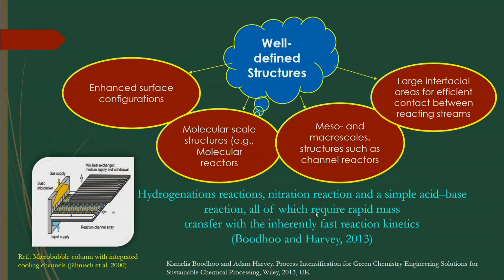Examples are hydrogenation reactions, nitration reactions, even a simple acid base reaction, all of which require rapid mass transfer with inherently fast reaction kinetics. So, for those reactions this structured configuration is an important process intensification method.